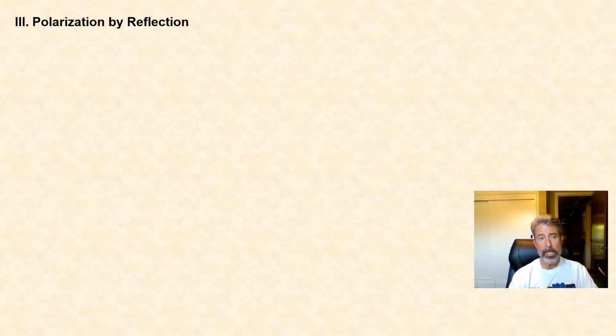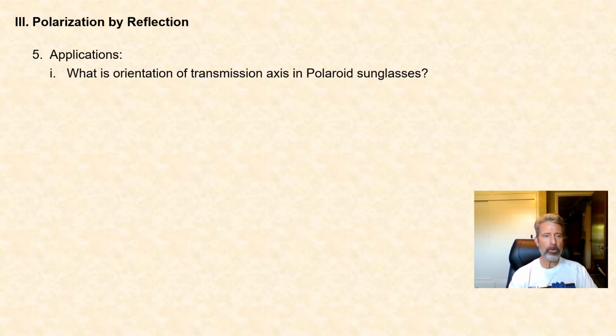And lastly, we'll take a look at a couple of applications of this phenomenon we call polarization by reflection. So first application here has to do with Polaroid sunglasses, and we're asked to find what is the orientation of the transmission axis in Polaroid sunglasses. This may be something that you've noticed if you've got polarized sunglasses.